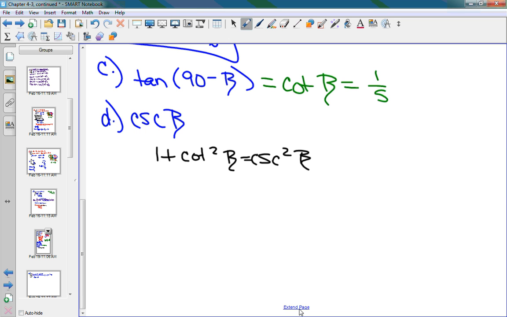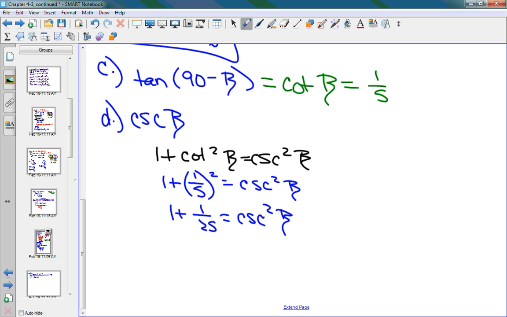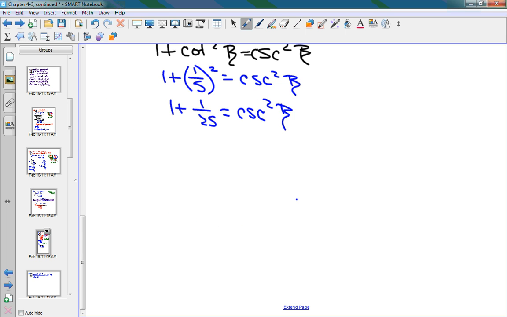Correct? So what's the cotangent squared? It's 1/5. So that's going to give you 1 plus 1 over 25. Right? What's the 1 turn into? 25 over 25 plus 1 over 25.